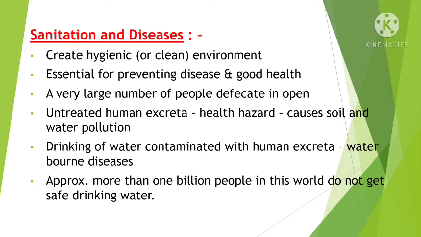Since the human excreta is carried along by the rainwater, it pollutes both the surface water, that is in the lakes and rivers, as well as the groundwater, and makes it contaminated.